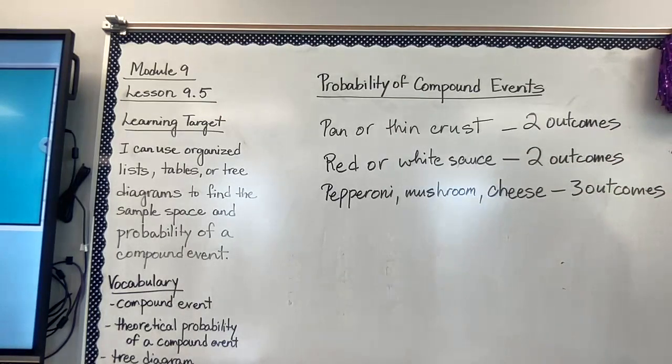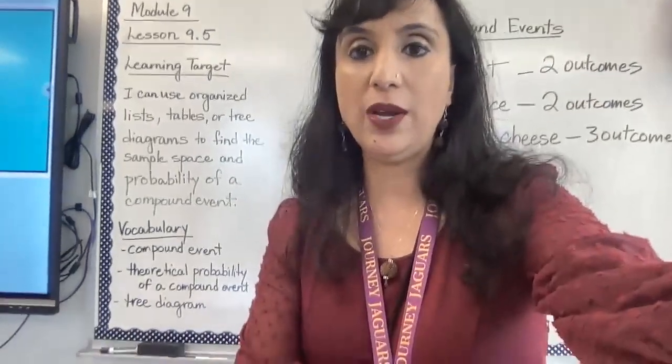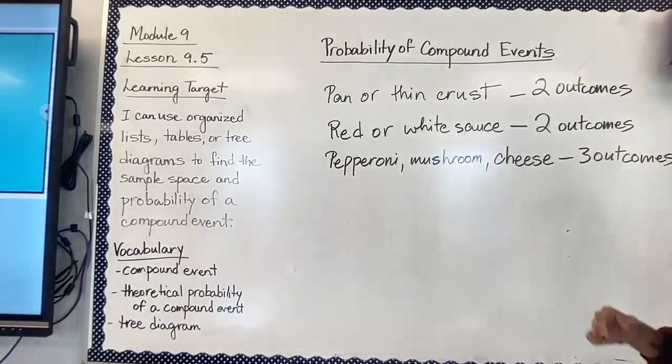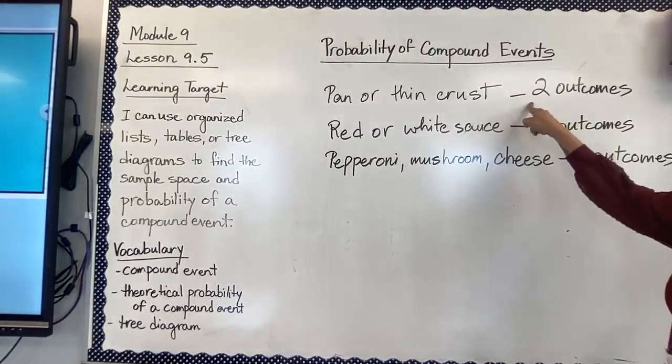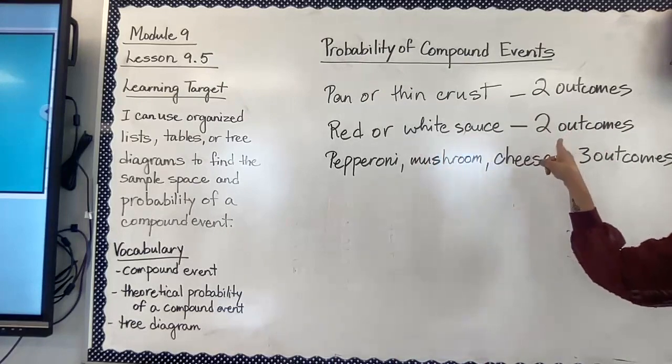All right. Now, how many possible outcomes are in the sample space for a randomly chosen type of pizza? So think about what I said, which is a really quick way to do calculations. I'm going to look at the simple events. So this one here, I have 2 outcomes. Then the different sauces, I have 2 outcomes.